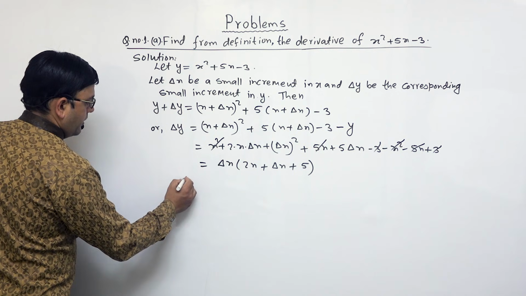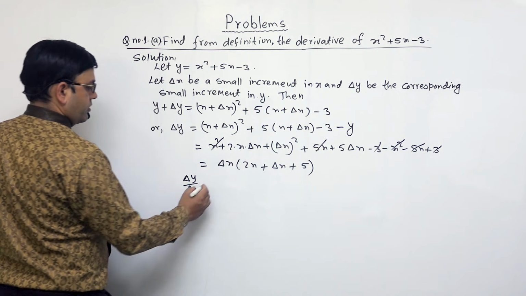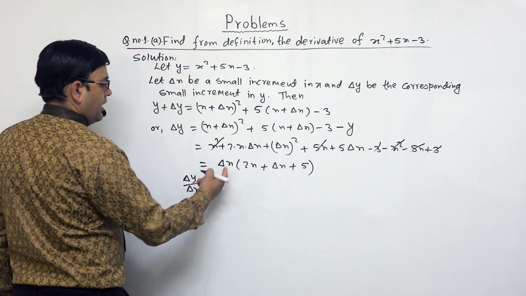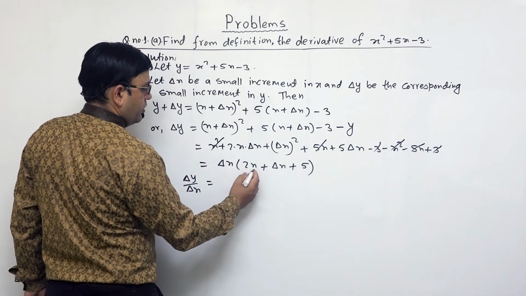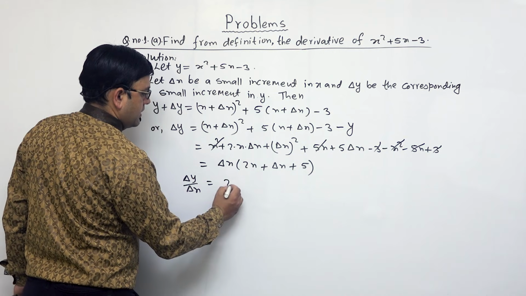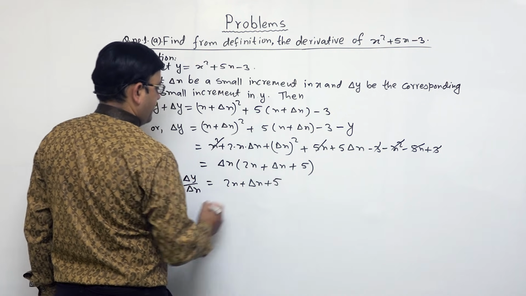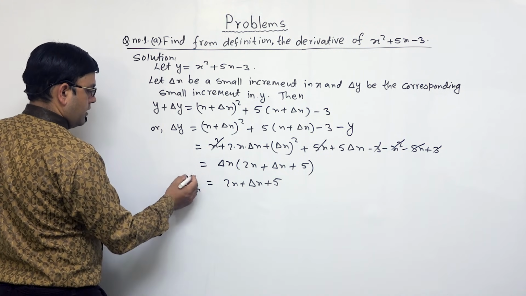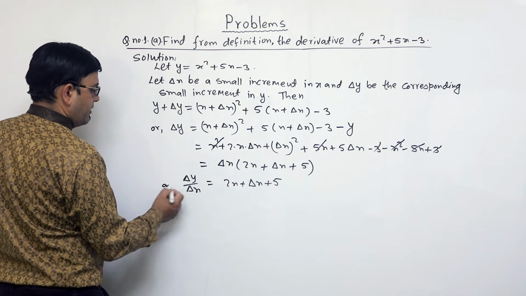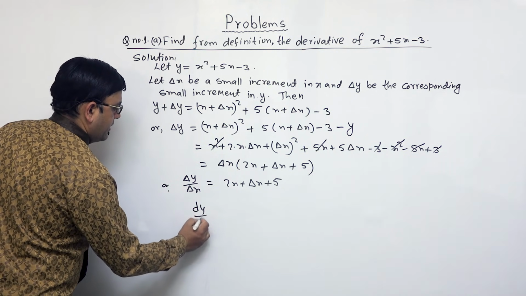Now del y by del x, यसलाई हामी del x ले डिवाइड गर्न सक्छौं. So by dividing, del x and del x cancel, or यो del x लाई हामीले यहाँ ल्यायौं भन्न पनि मिल्छ. So here is 2x plus del x plus 5 we have here. Del y by del x, or we can write del y by del x means dy by dx.